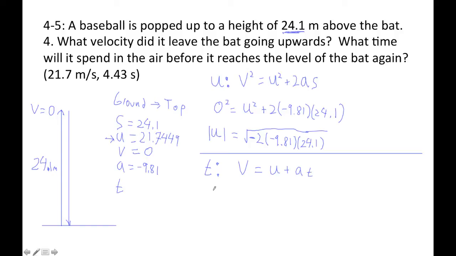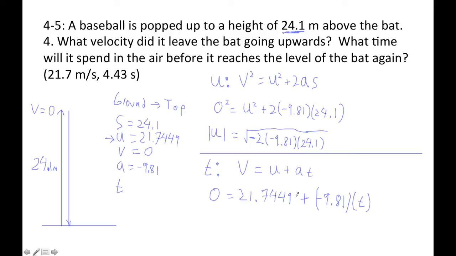So the final velocity is 0 equals 21.7449 plus negative 9.81 times, I guess, the time. That's what we're trying to find out.